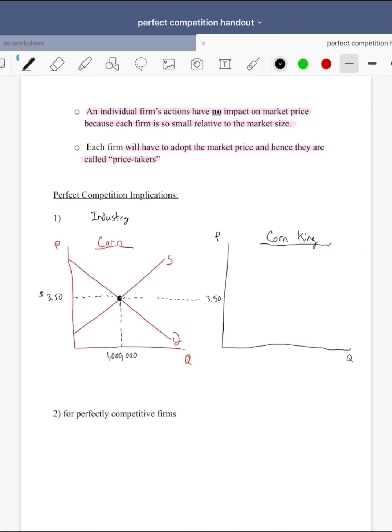So let's say that the equilibrium price is going to be $3.50. And for this market, 1 million units of corn are going to be sold.